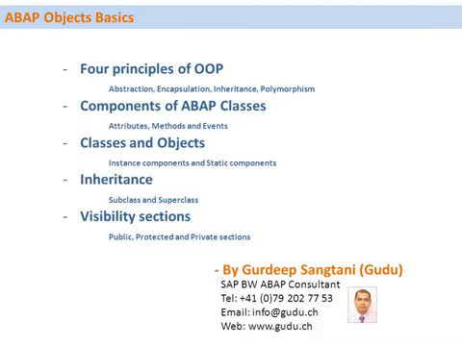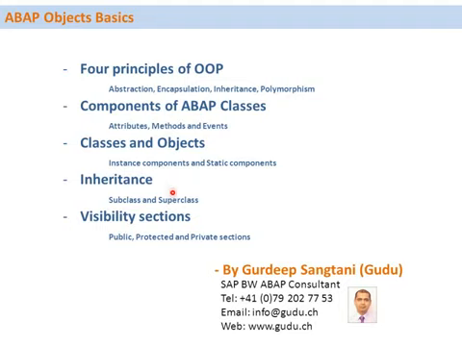Let's summarize what we have seen so far. We've seen the 4 basic principles of object-oriented programming. We have seen the components of an ABAP class. These are attributes, methods and events. We have seen class and objects and how we can create several objects from a class.